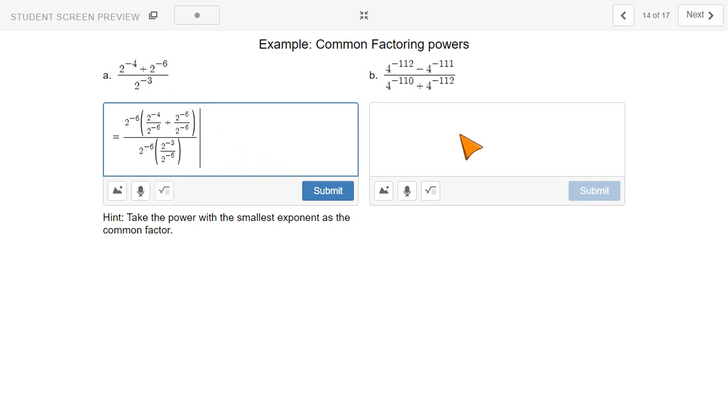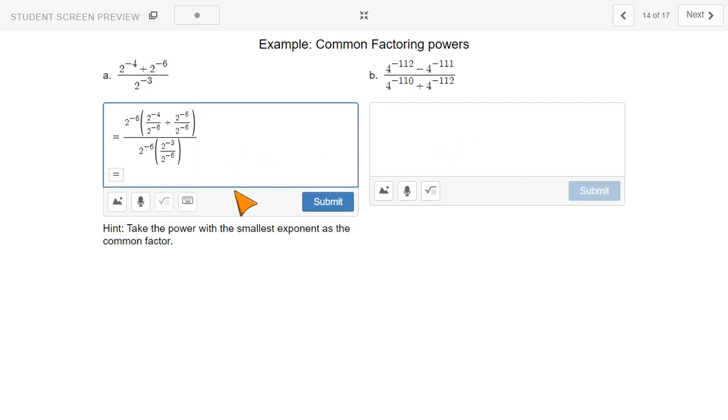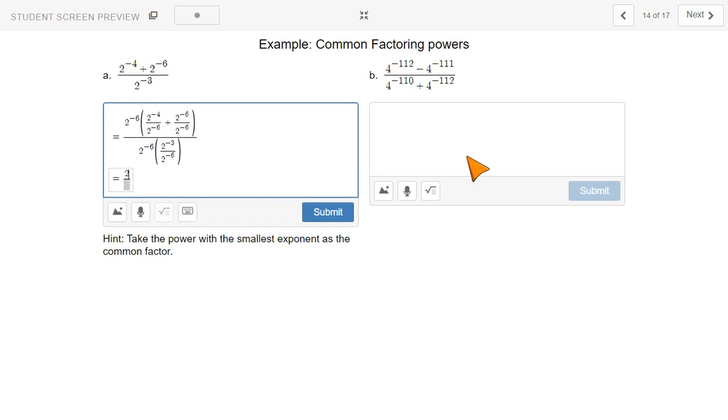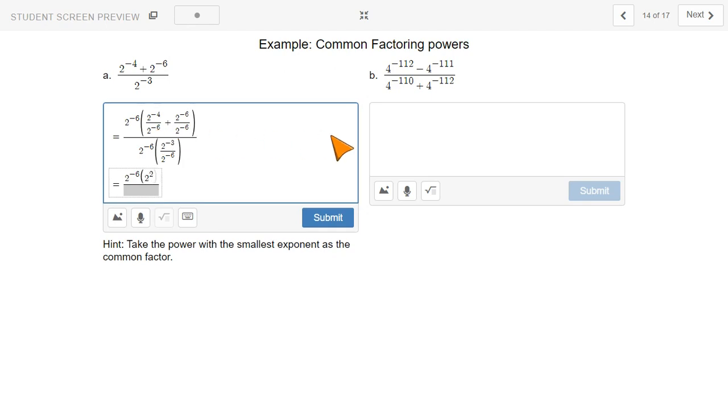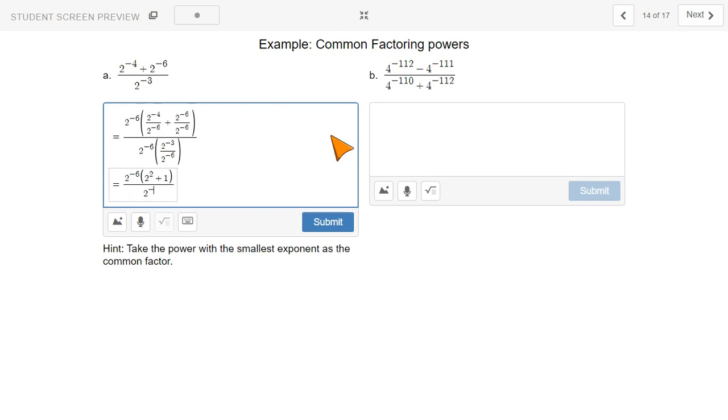Okay, we've rewritten this. Now, for us to simplify, the numerator, we have 2 to the power of negative 6 times negative 4 minus 6. The two negatives become a positive, so we have 2 to the power of 2 plus 1. Denominator, 2 to the power of negative 6 times 2 to the power of positive 3.